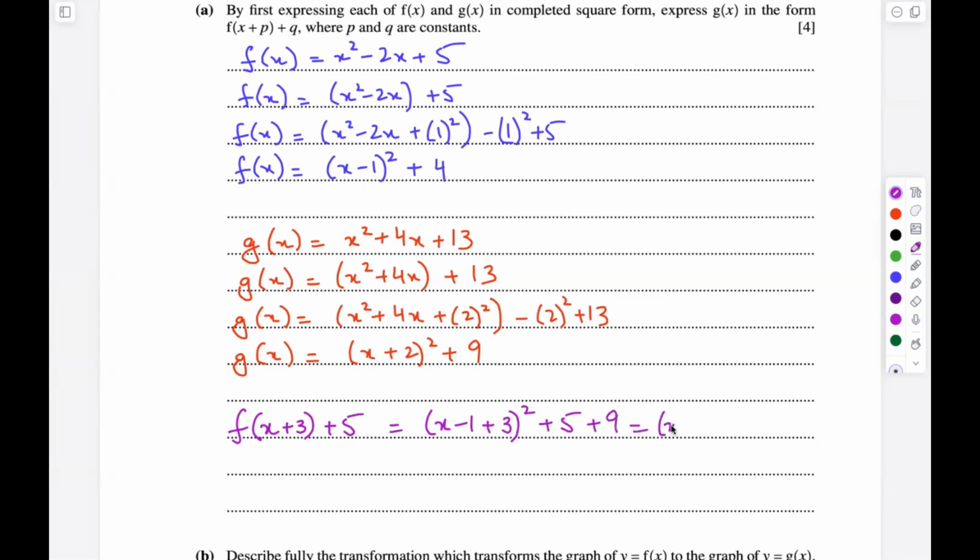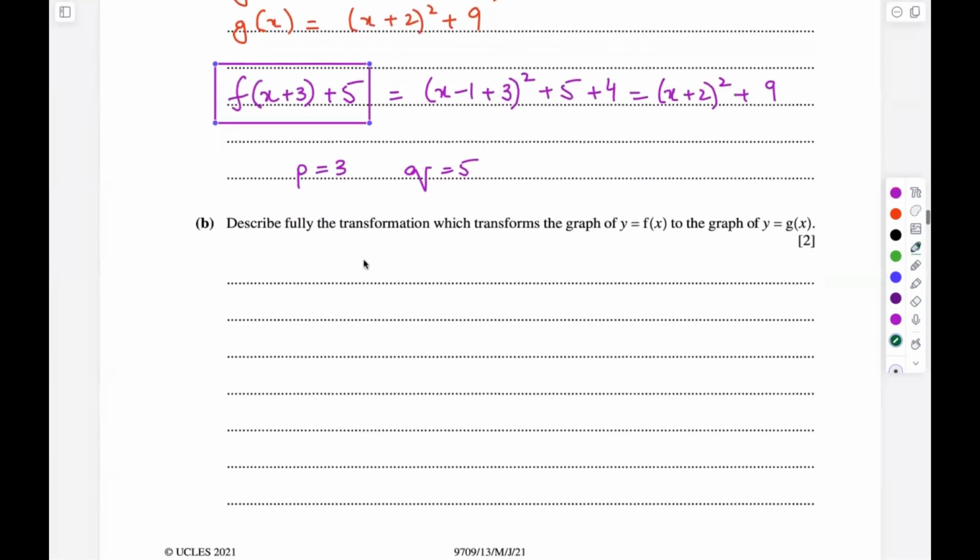If we simplify this, this will become x plus 2 whole squared, and 5 plus 4 will become 9. So we now know that the value of p is positive 3, and q is positive 5. So we'll write the function as f of x plus 3 plus 5.